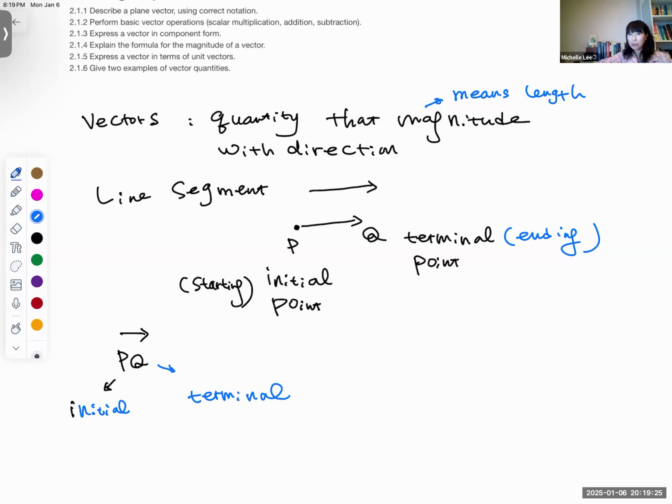So this will be vector notation. We use one letter, which is vector v, in bold, correct?